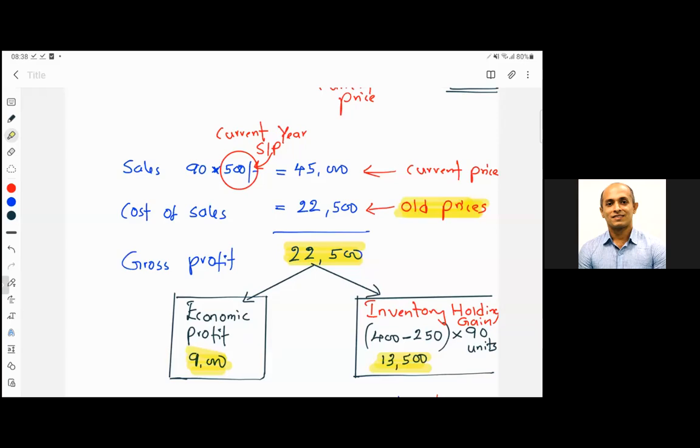Now, if your company follows FIFO costing, you have to be careful when you are using your profit value, because your profit includes not only economic profit. Your profit may include inventory holding gains.